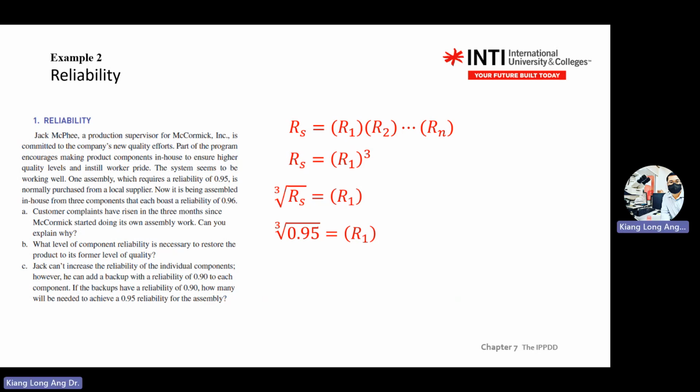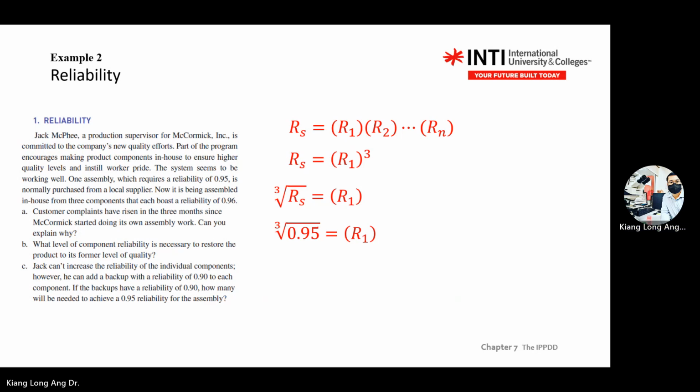How do you know it's 95? From the question. It tells you one assembly requires a reliability of 95%. 95 is the total assembly. Try to catch the words correctly. It gives you in-house components, each giving you 96. Here, one assembly gives you 0.95.